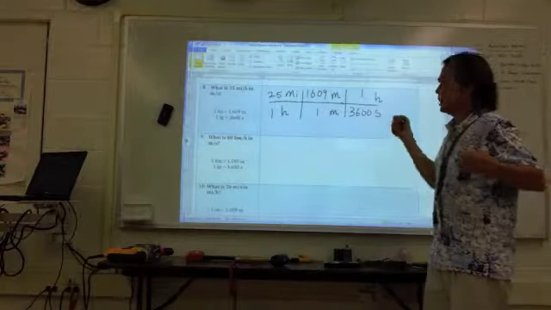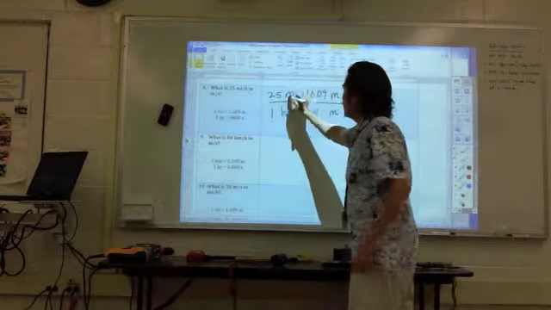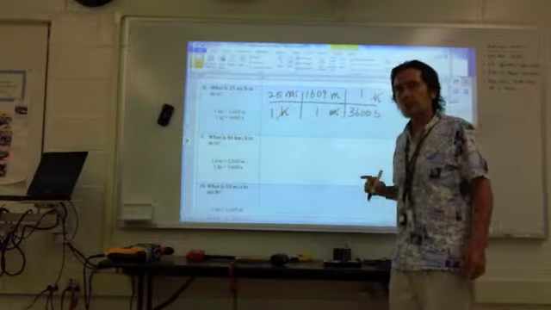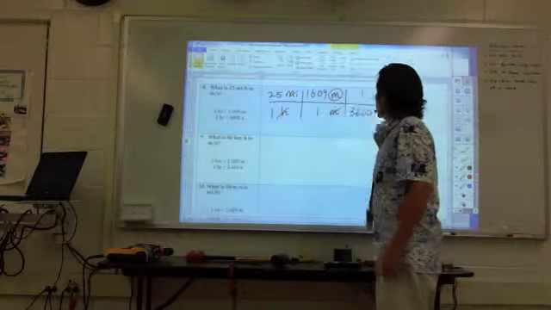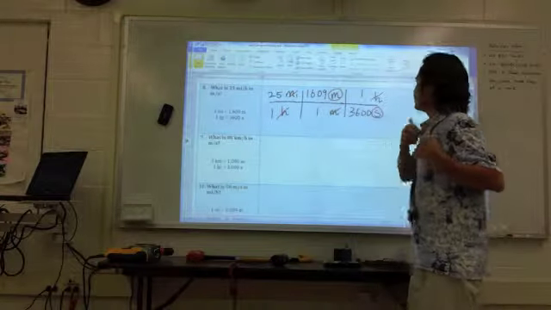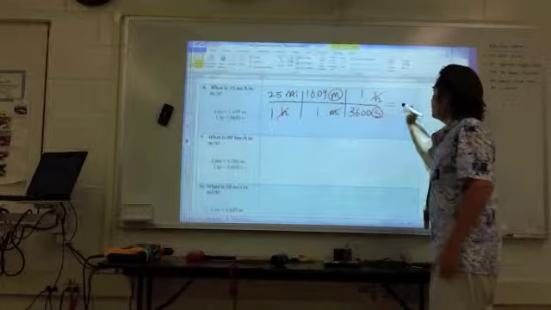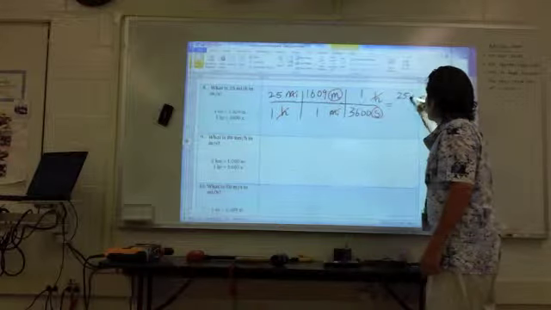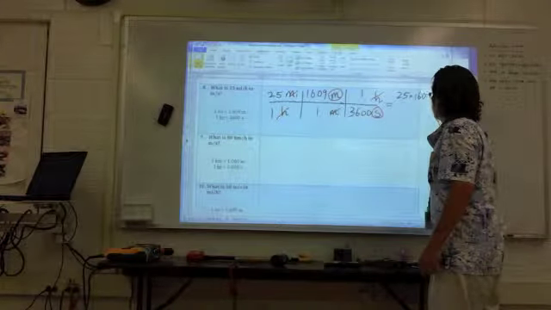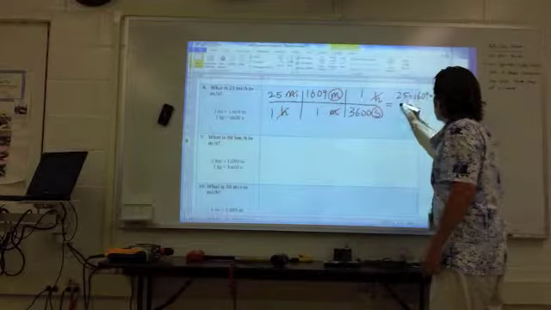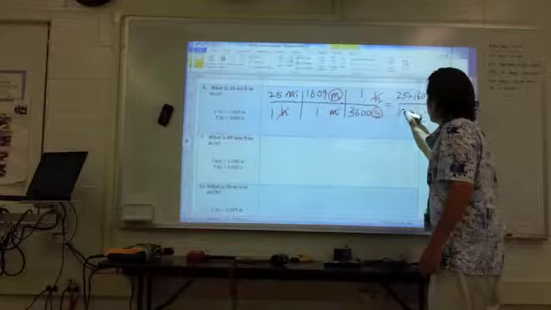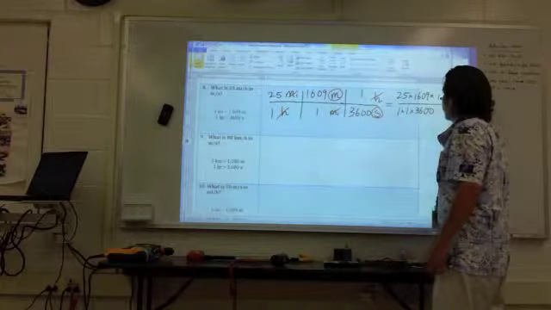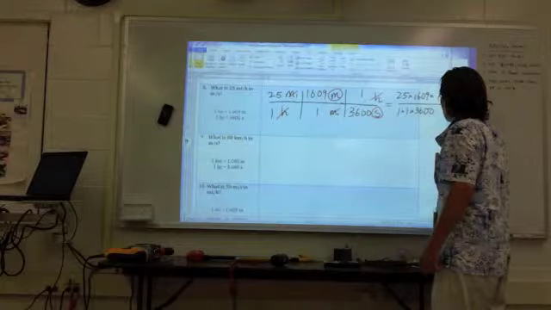Alrighty? Now cross out like units up and down. Miles cancel out. Hours cancel out. Identify which units are left. Meters upstairs, seconds downstairs. Combine all numerical terms upstairs and downstairs. 25 times 1609 times 1 divided by 1 times 1 times 3,600 meters per second.